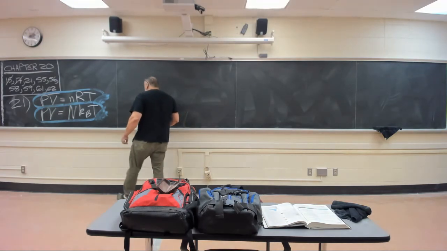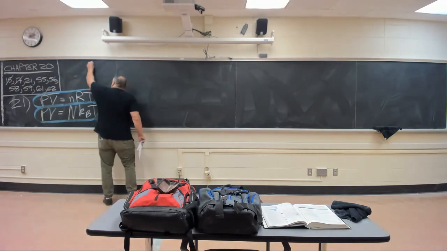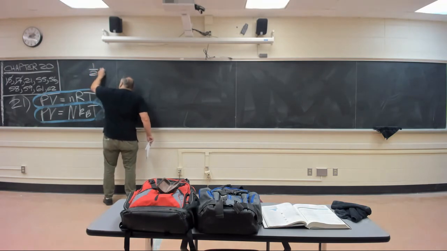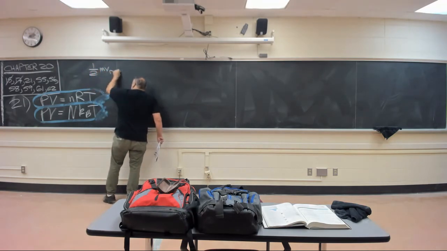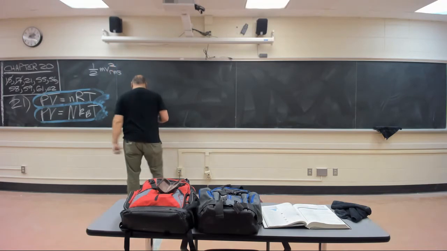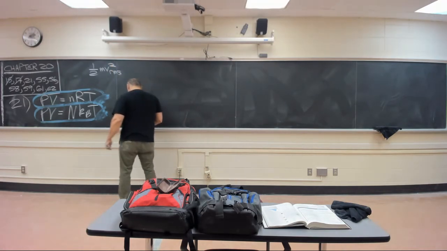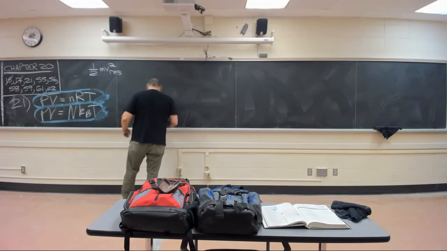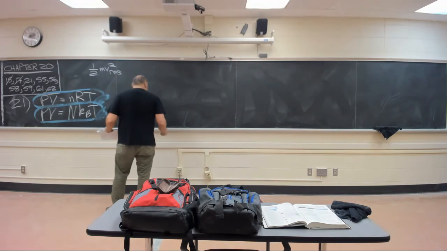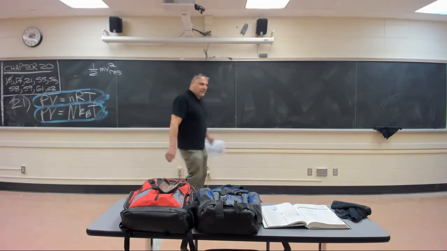Yeah, true. Well, we've already kind of been down this road. Let's go down the road again. The average speed, I mean, the average square speed, which is the RMS speed squared. So I could leave it like this.